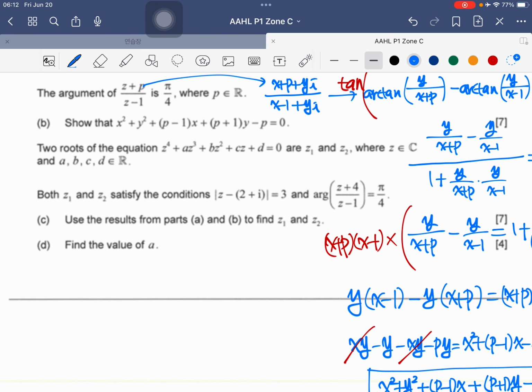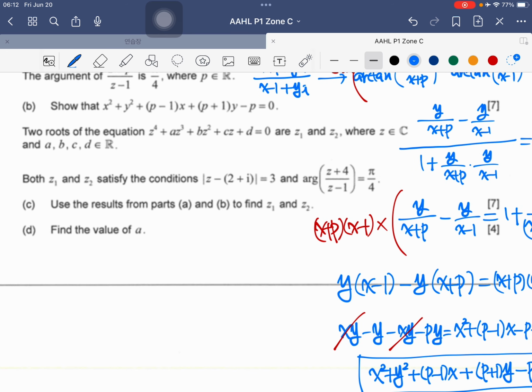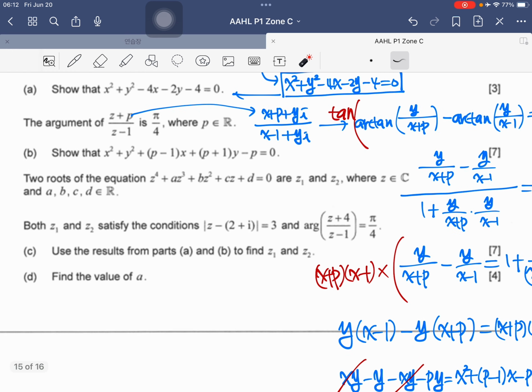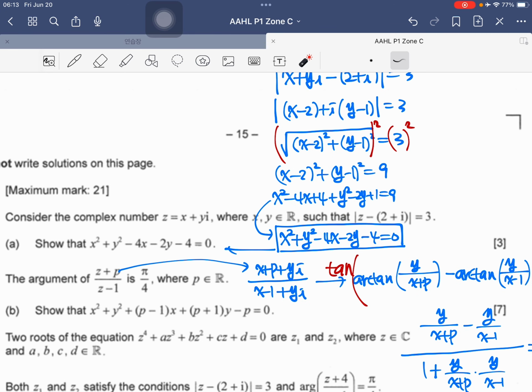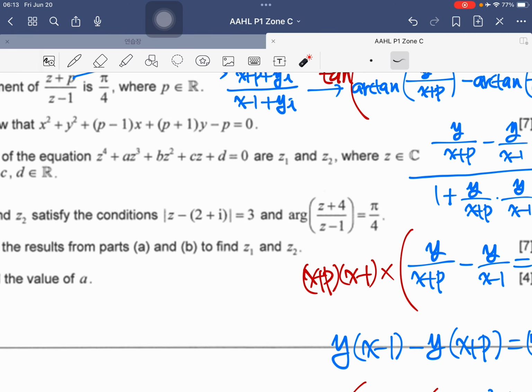Next question. The roots of the quadratic equation are z1, z2, where z is a complex number, and a, b, c, d are real numbers. Both z1, z2 satisfy the first condition: the distance from 2 plus i is 3, exactly the same condition as this one. And the second condition is the argument of this one is pi over 4.